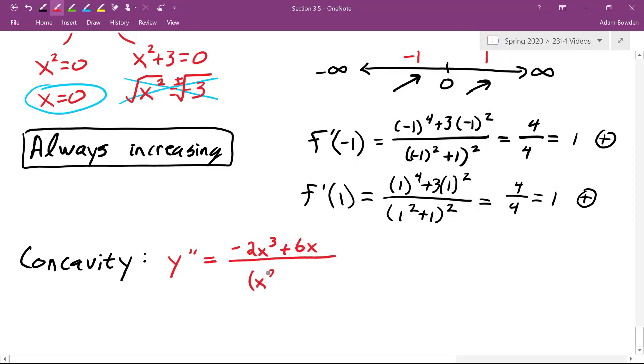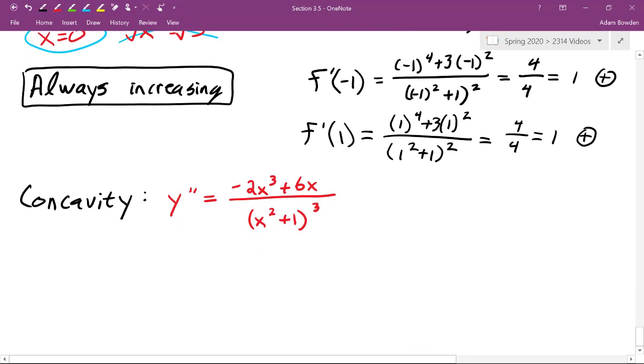Going through all the steps, this is what you would get: negative 2x to the third plus 6x all over (x squared plus 1) raised to the third power. Now we're going to have to look at where the second derivative is equal to 0. This was f of x, by the way. Sorry about that.